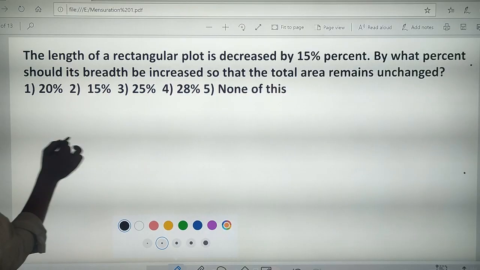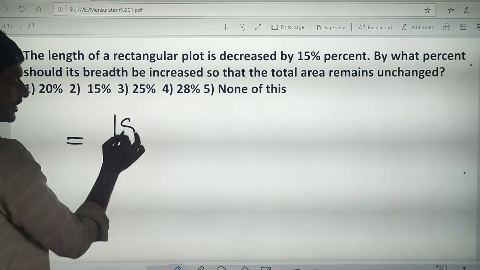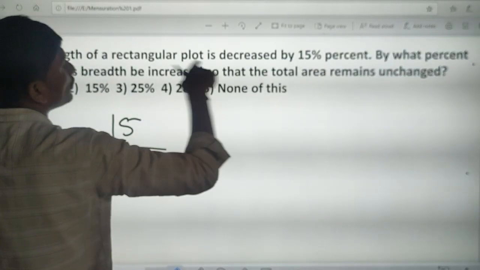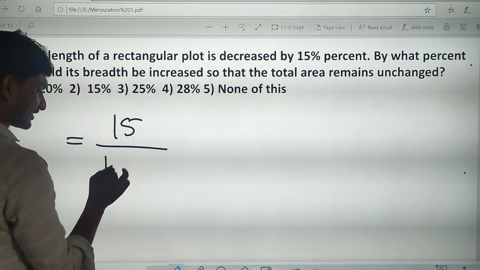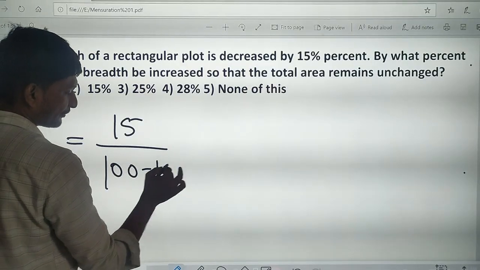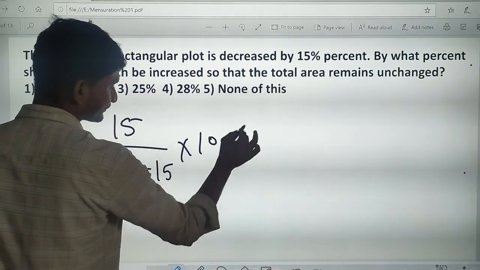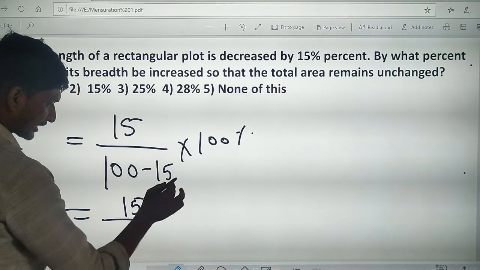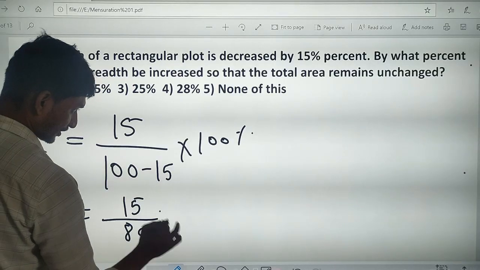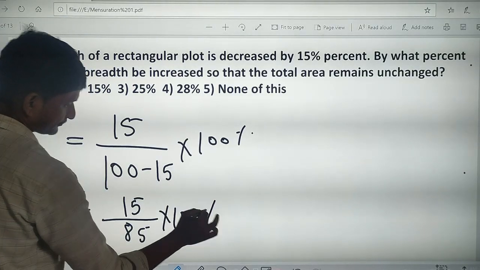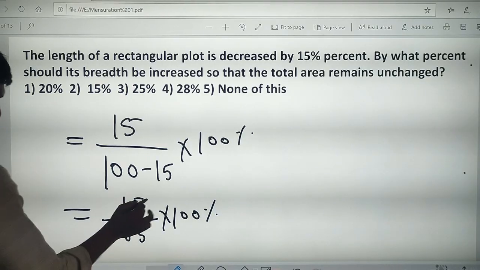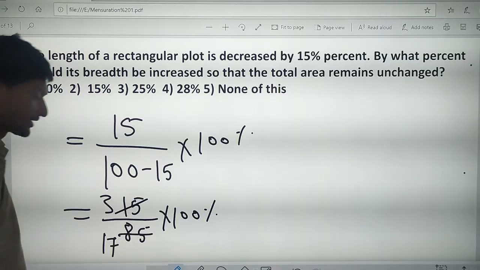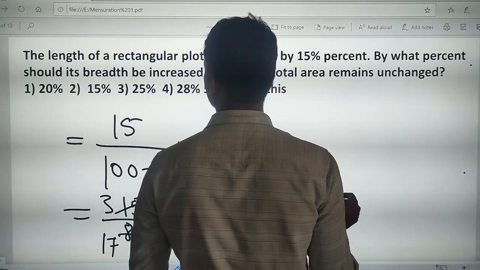Now here, calculated by 15. The length of the plot is decreased by 15%. Then 100 minus 15 into 100%. Now here we write 15 divided by 100 minus 15, which is 85, into 100%. Now solve this: 300 divided by 17%.